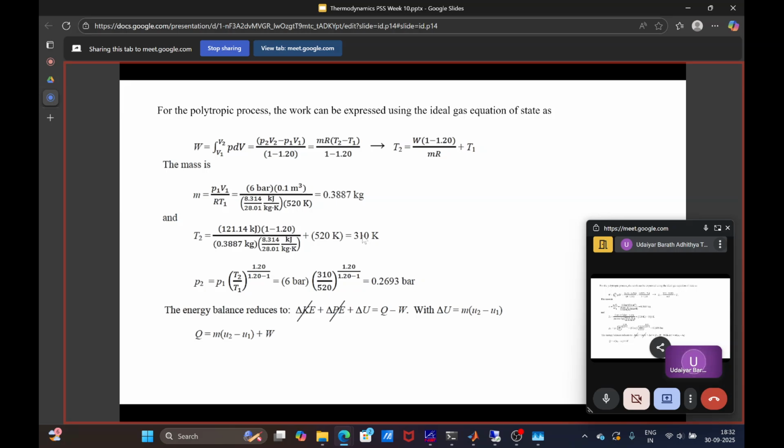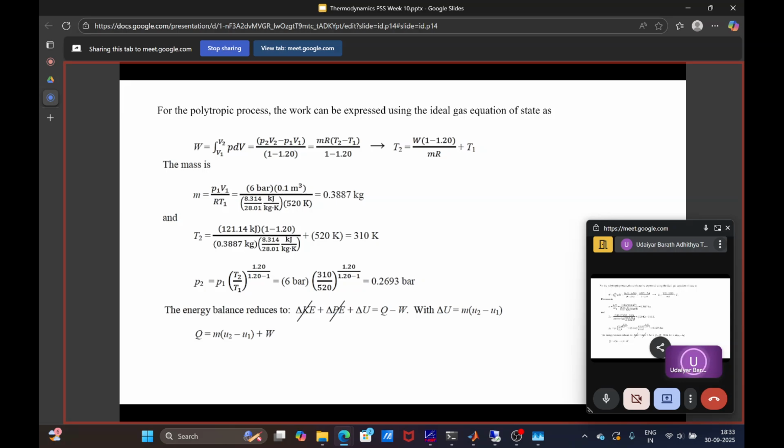Now since we know the process equation, PV raised to power n equals constant, and assuming the ideal gas equation PV equals RT, we can express specific volume in terms of pressure and temperature, and this comes down to P2 by P1 equals T2 by T1 raised to power n by n minus 1. Substituting the initial pressure and temperature and the final temperature which we found, the final pressure comes out to be 0.2693 bar.